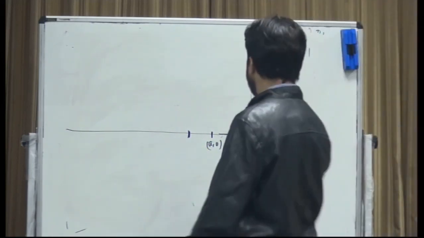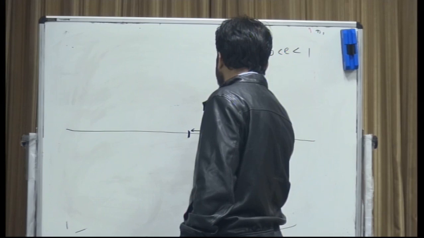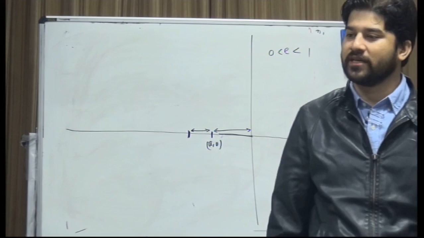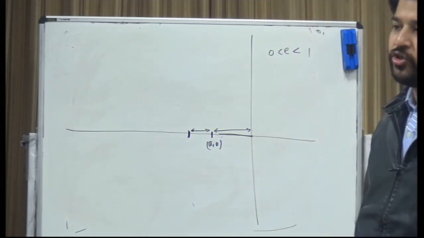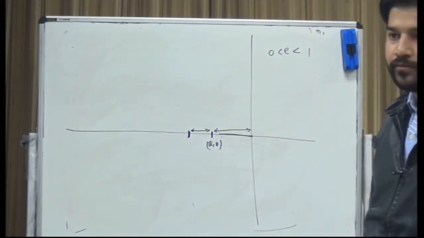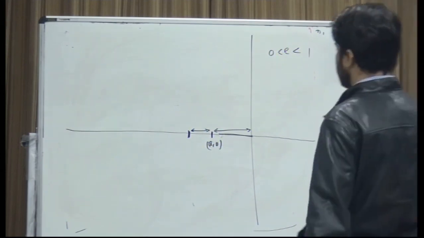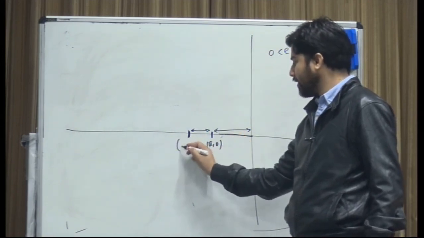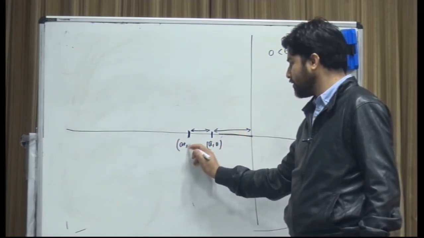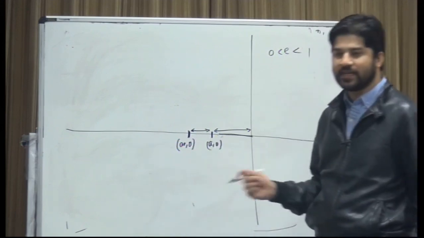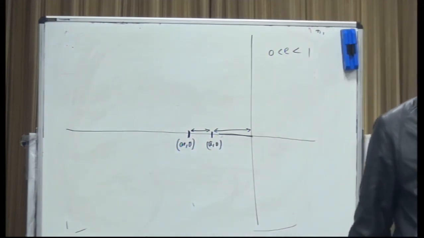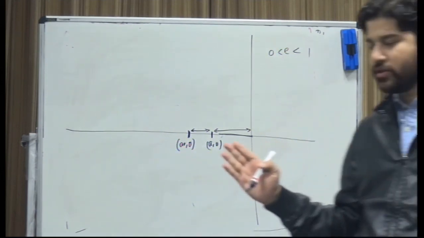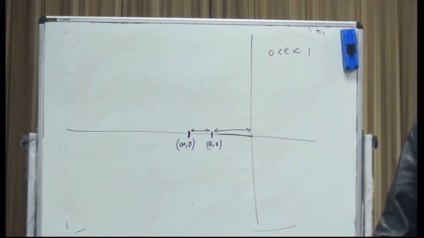So I know this distance upon this distance should be e is to 1, PF upon PM. अगर मैं इसको ae comma 0 लिखूं, is it right? If e is less than 1, तो ae लेफ्ट में होगा या राइट में होगा? If e is less than 1, तो ae 0 से लेफ्ट में होगा या राइट में होगा? लेफ्ट में होगा definitely.